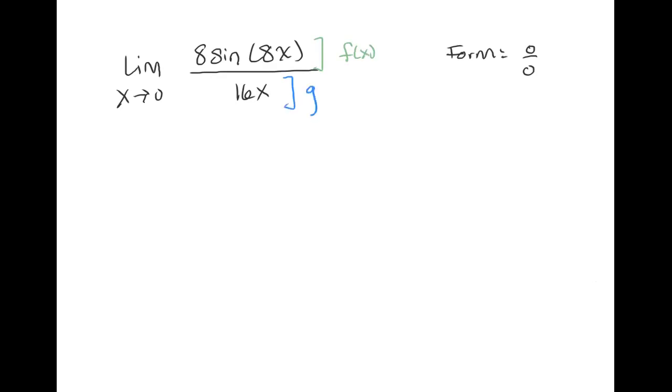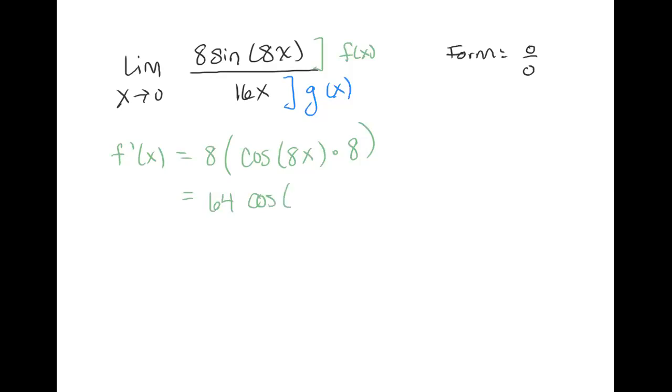I could call them anything I want. I'm just calling that top function and bottom function for this new limit that I'm trying to find. Which means in this case, f prime, for 8 times sine of 8x, is by chain rule the cosine of whatever's inside, 8x, times the derivative of 8x, which is 8, which I can simplify a little. That is equal to 8 times 8, which is 64, times the cosine of 8x.